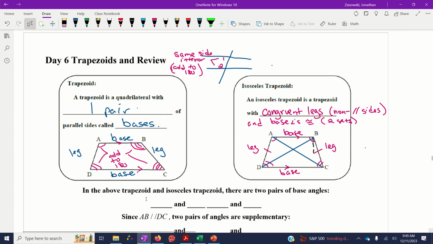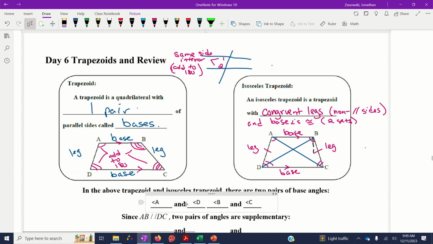All right, the other one is that in the trapezoid above, remember that the base angles are going to be equal. No, that's not right.